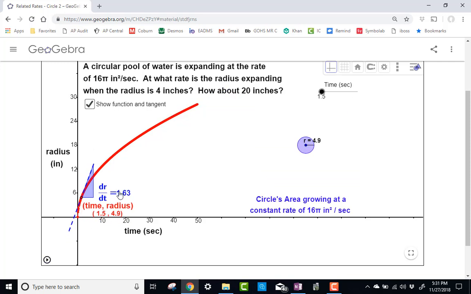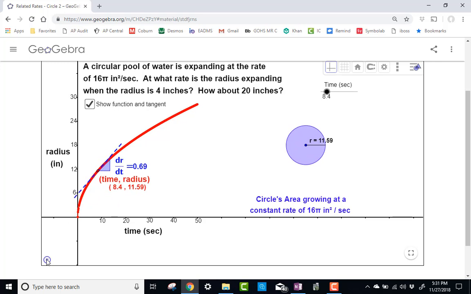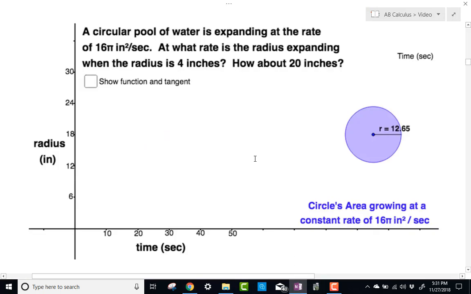Look at the rate right there. The radius is now growing at a rate of 1.63 inches per second. But then it starts to slow down very quickly, even when we get to roughly 10 seconds right there, the radius is now growing at a rate of 0.62 inches per second. So the actual rate that the radius is growing is slowing down.